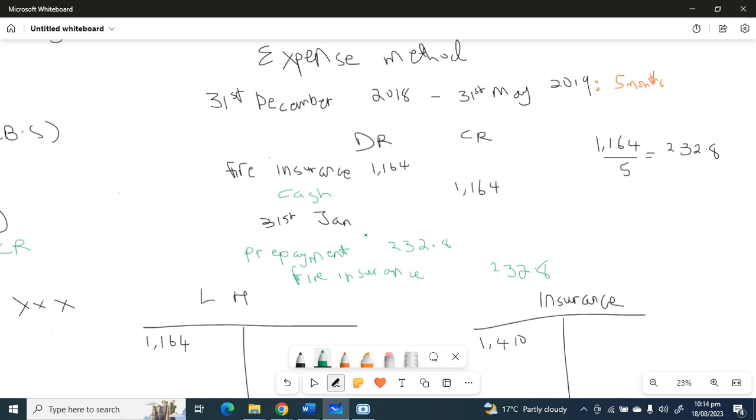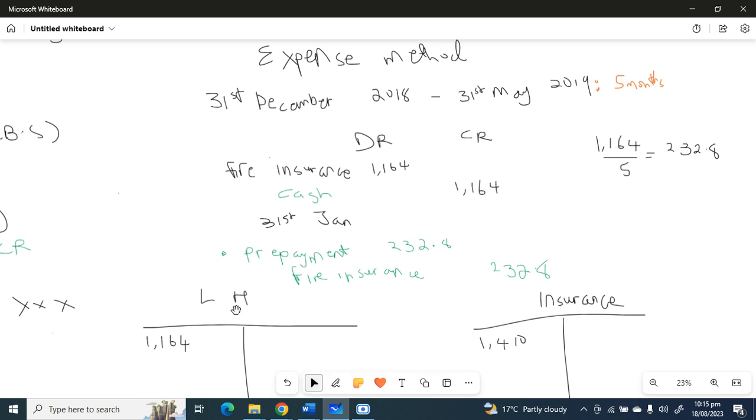These are just journal entries until the months start to pass. Then each month that passes, you debit prepayment, which is the current asset on the balance sheet, and then you credit the expense.